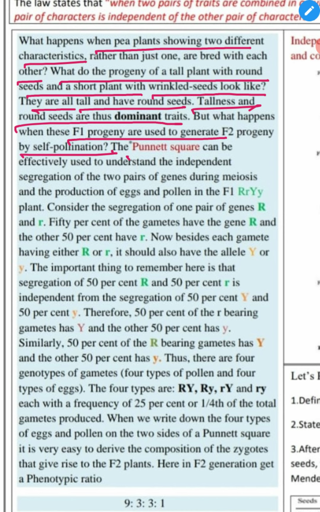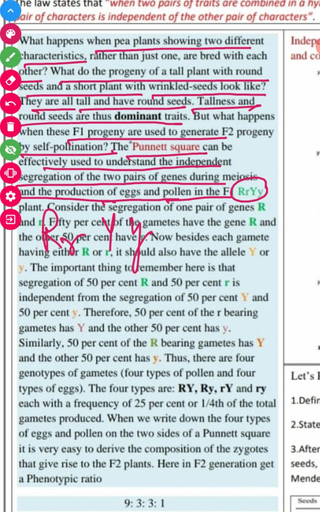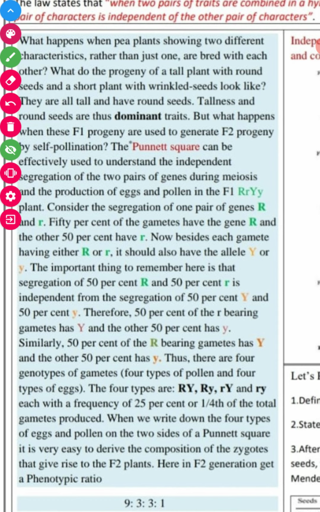For that we have the Punnett square. It can be effectively used to understand the independent segregation of the two pairs of genes during meiosis and the production of the egg and pollen in the F1 generation, RrYy.